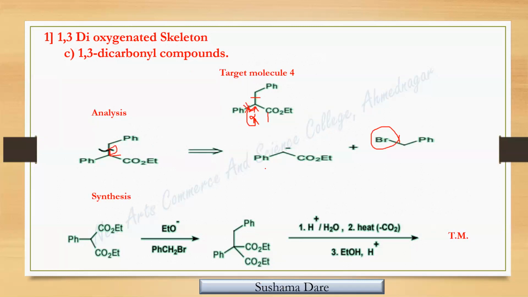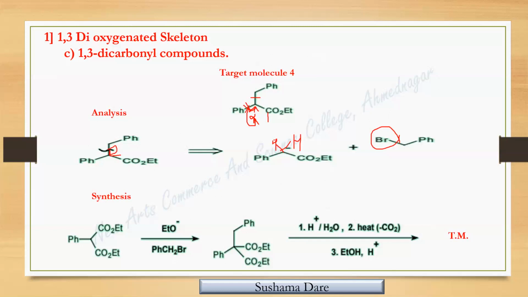Now the next one is what? Whenever you are going to react with alkyl halides, what do you have to remember? To avoid polyalkylation, we need a mild reaction condition. If you directly take this with hydrogens here, both hydrogens are alpha hydrogens.